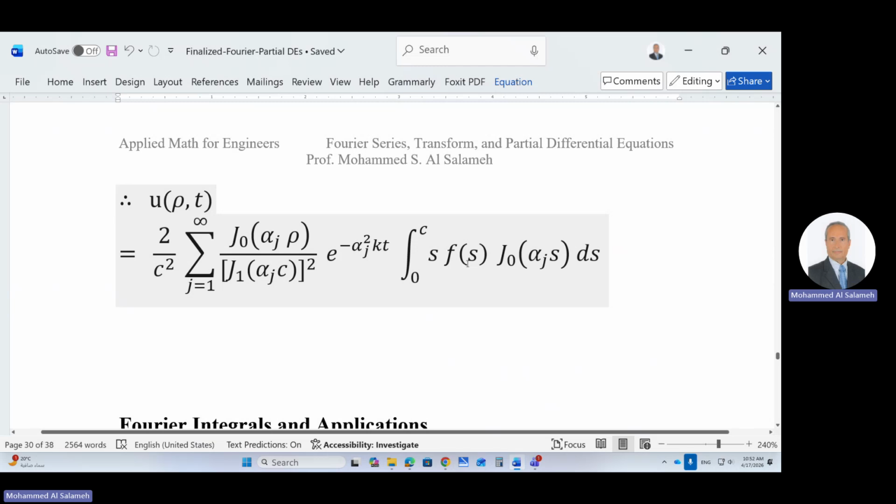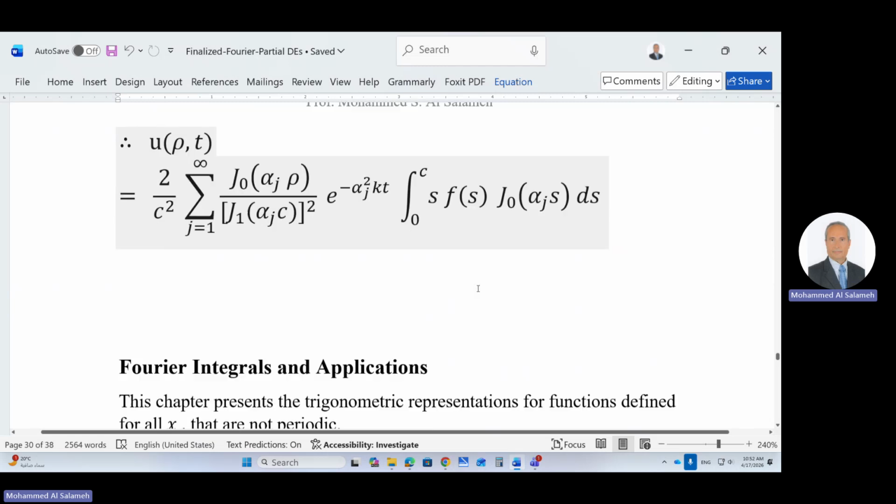We did not put rho inside because we do not want rho to appear both outside and inside the integration, so we put an arbitrary variable s instead.